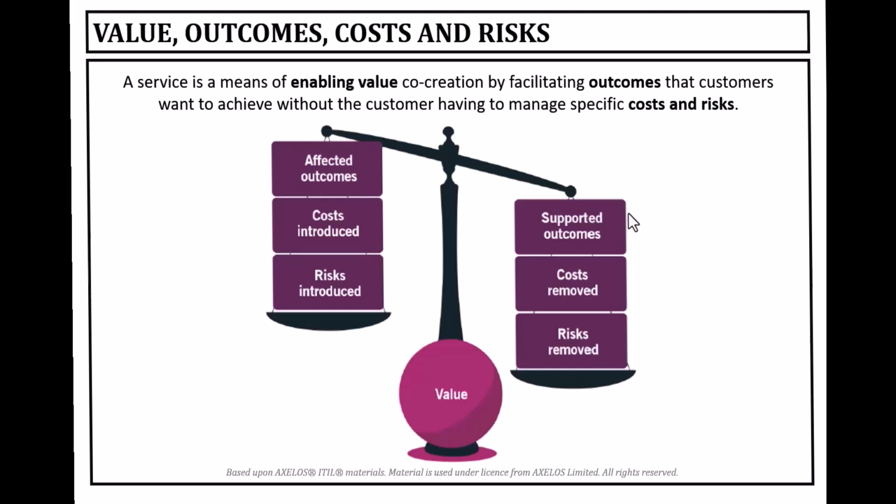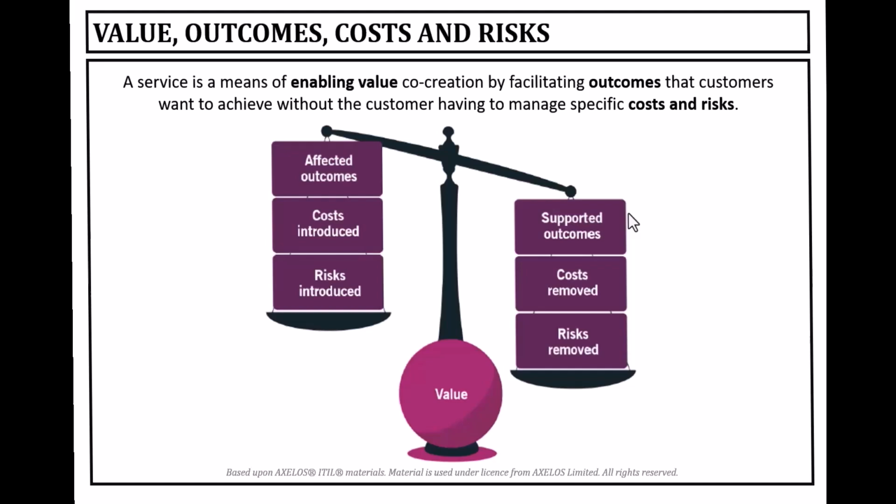Service providers help their consumers to achieve outcomes, and in doing so they take on some of the associated risk and cost. On the other hand, a service relationship can introduce new risk and cost, and in some situations can negatively affect some of the intended outcomes while supporting others.